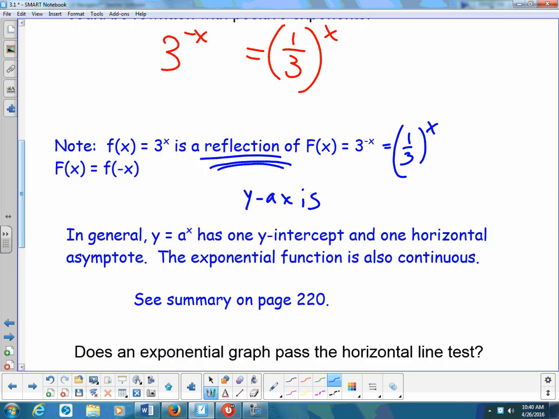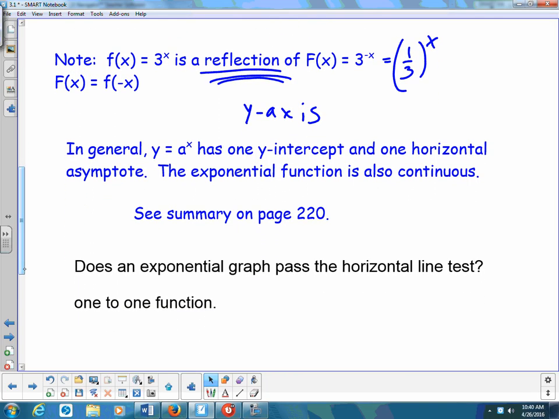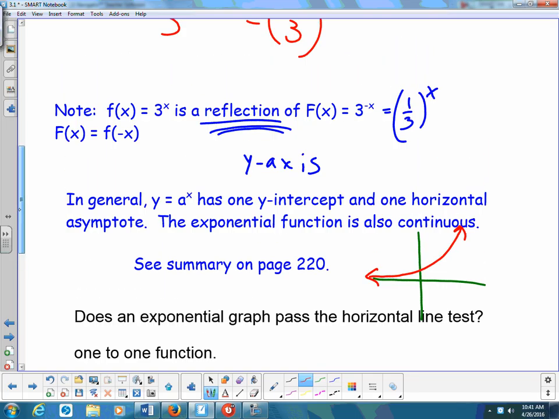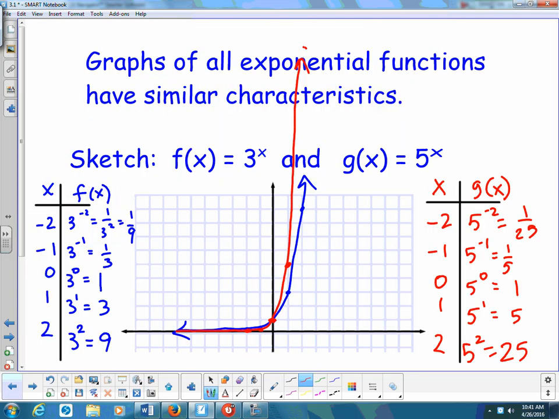Okay, in general, y equals a to the x has one y-intercept and one horizontal asymptote. The exponential function is also continuous. So if we're talking about an exponential function, y equals a to the x, let's say it was an exponential growth function, as opposed to these, which we would call exponential decay. These were exponential decay functions, and over here, these were exponential growth functions.